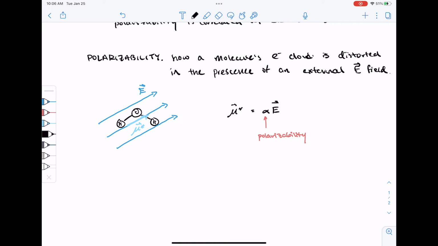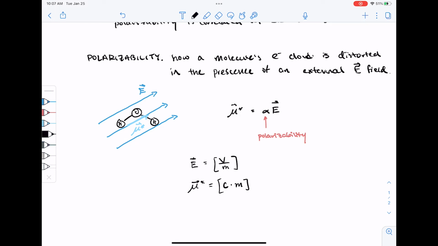So based on this equation, we can think about the units of polarizability. The electric field has units of volts per meter, while an induced dipole has units of coulomb meters.